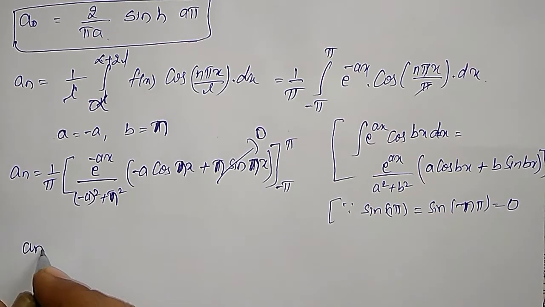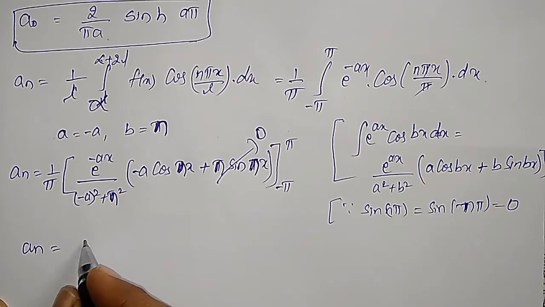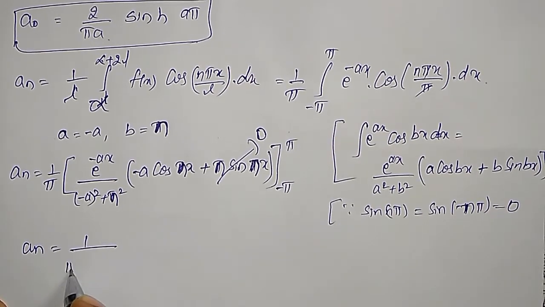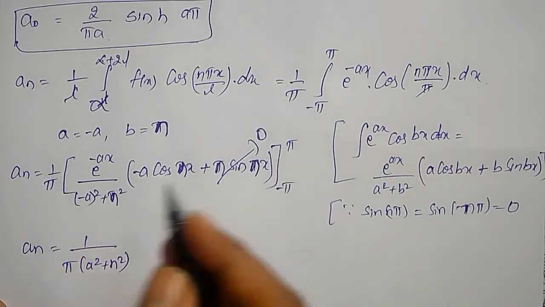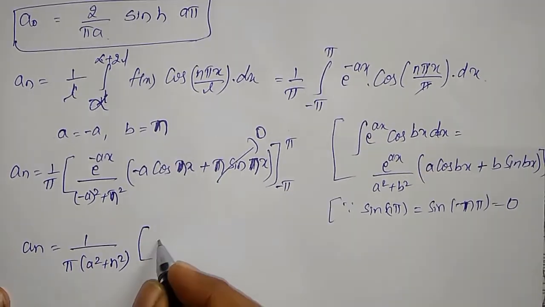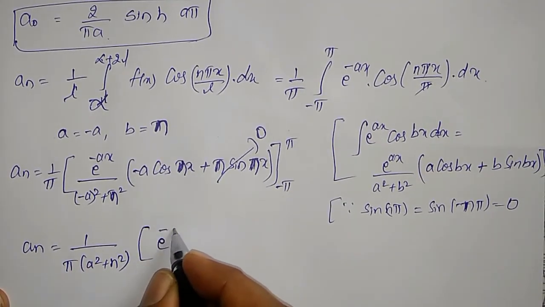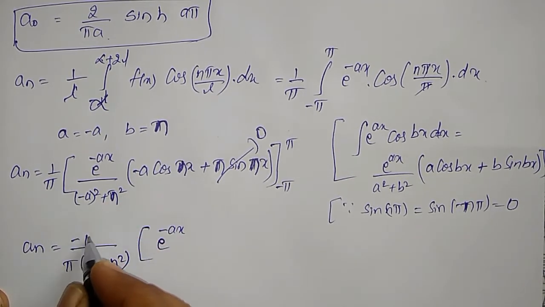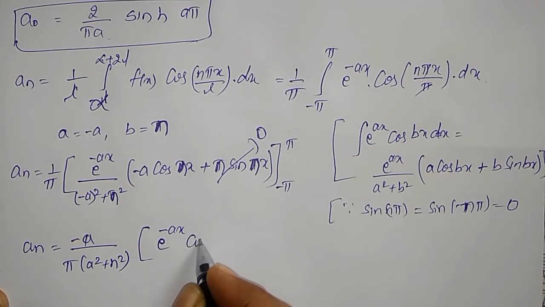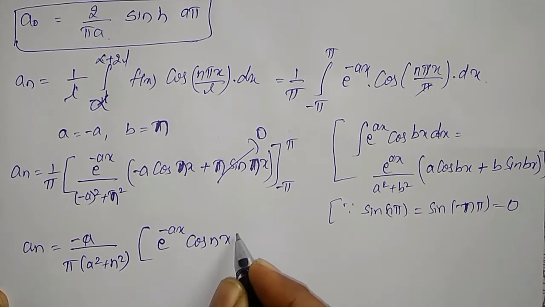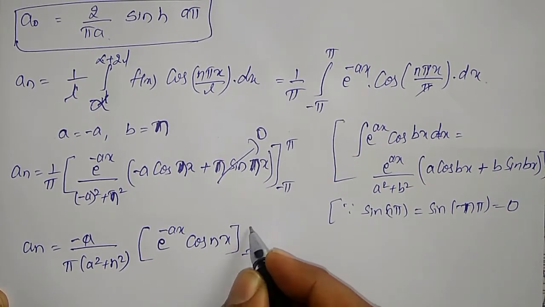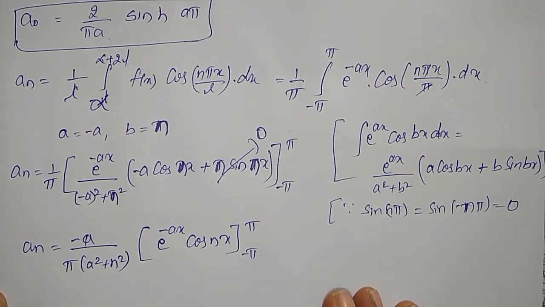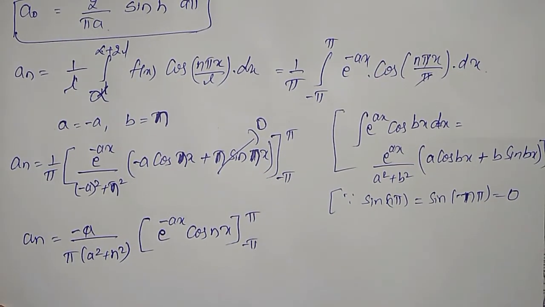Before that, let me simplify as 1 divided by pi into a square plus n square, which is independent of x, into e to the power minus ax into minus a cos nx, between the limits minus pi to plus pi. This minus a I can write outside. Substitute for the limits, upper limit minus lower limit.